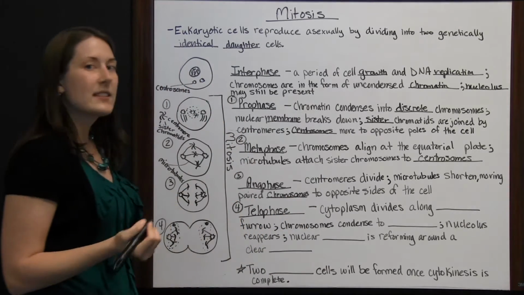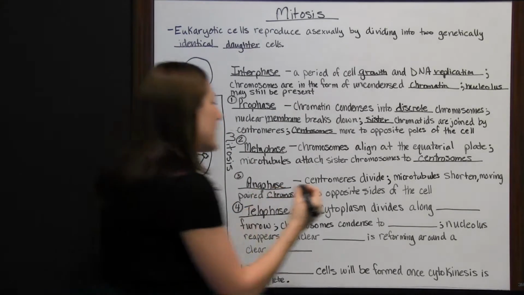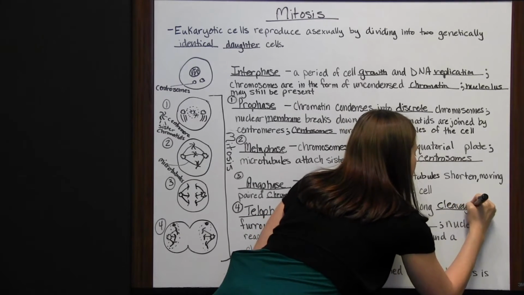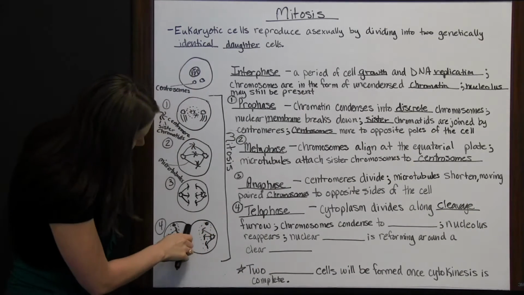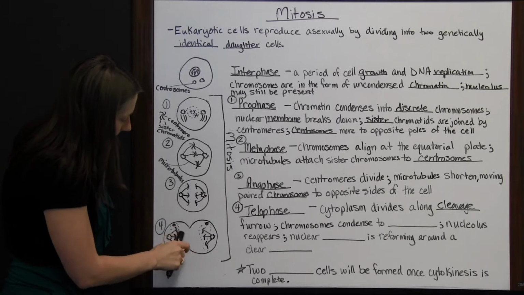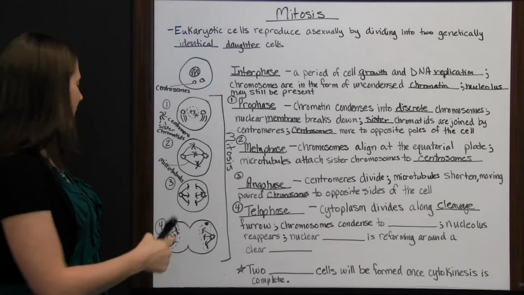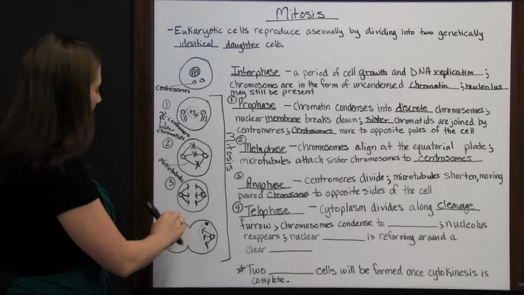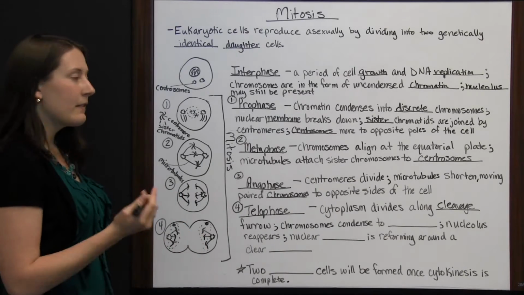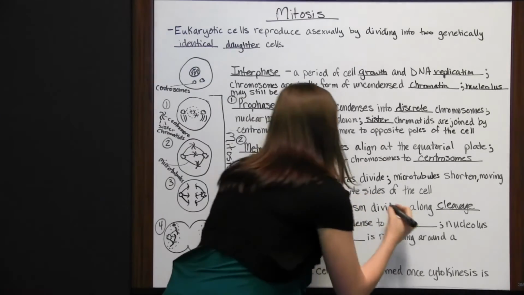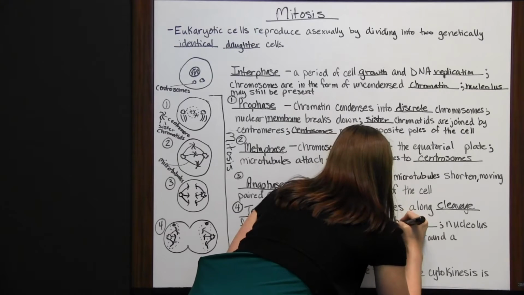In telophase, the cytoplasm divides along a cleavage furrow. And so you can see how it starts to kind of dip in. It cleaves in half, and so there's that cleavage furrow, and that's going to show you where your cytoplasm is going to eventually split completely off and form two new cells. The chromosomes condense to chromatin.